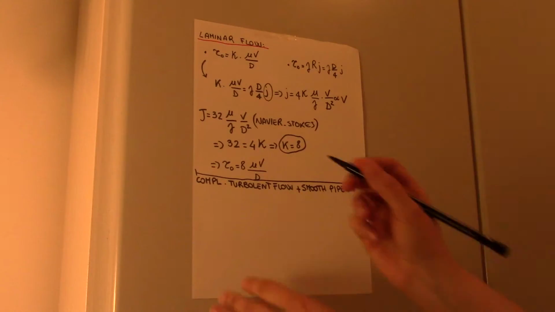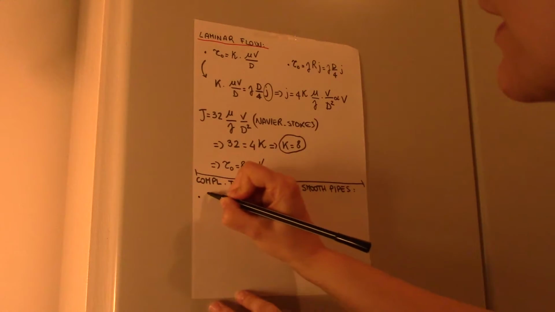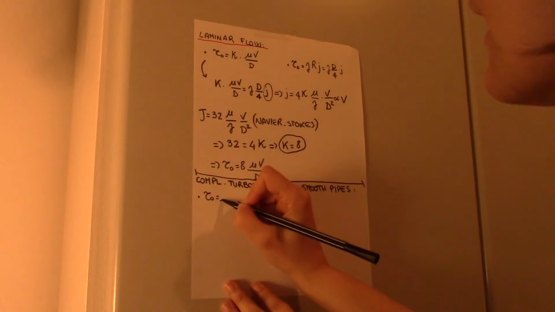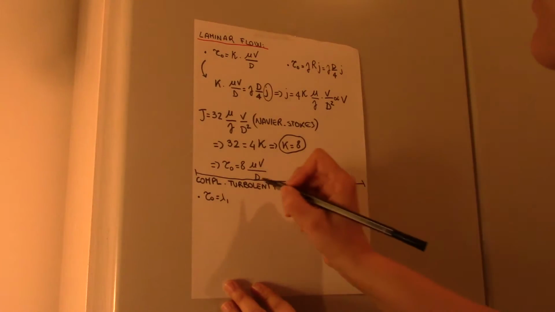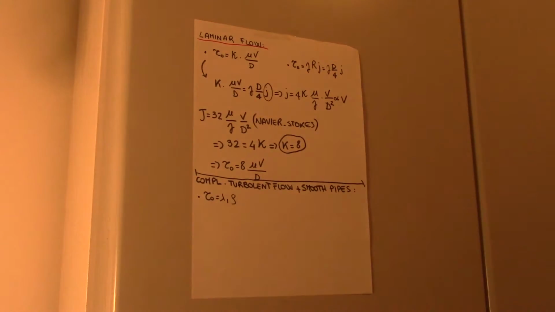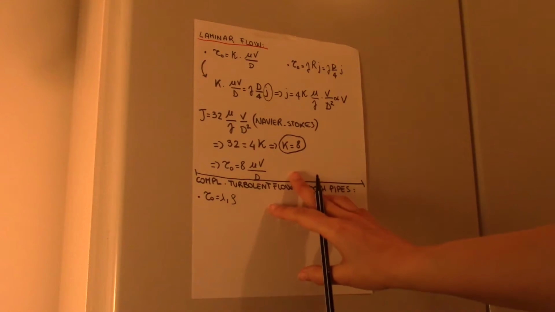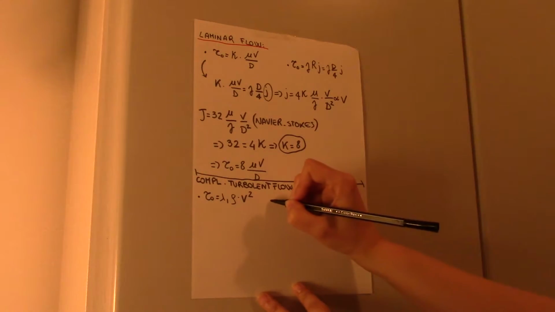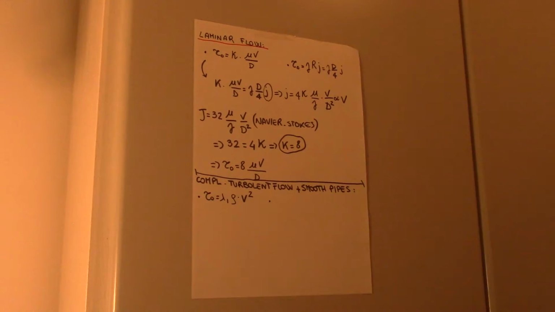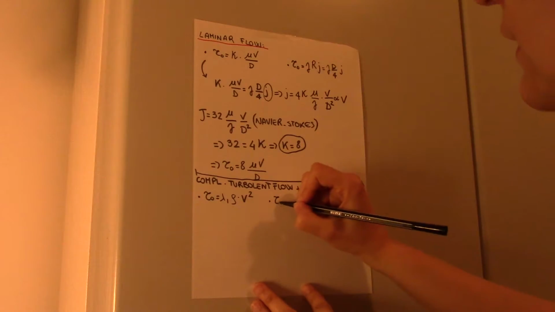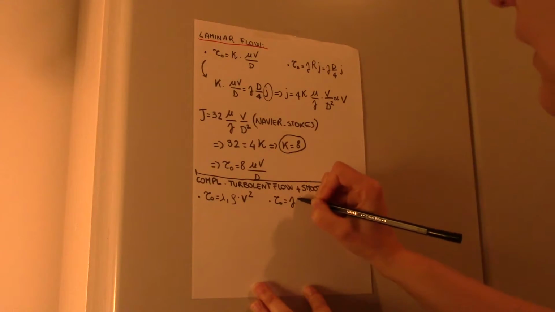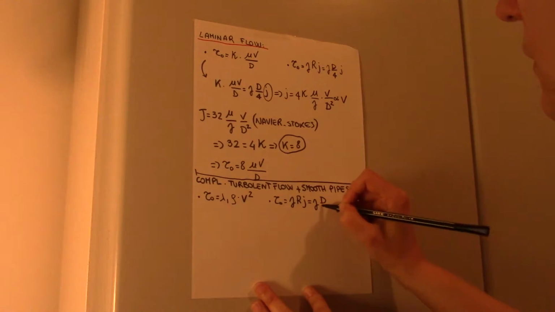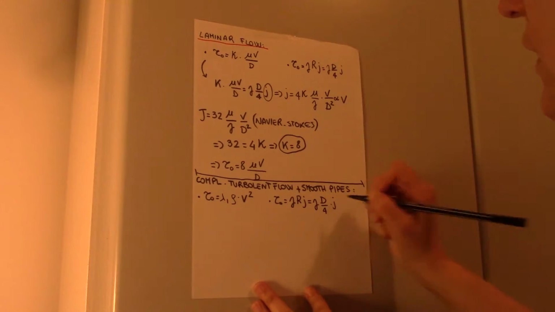Hence, again, from dimensional analysis, we get that tau 0 is equal to lambda 1 times the density rho times v to the power of 2, but at the same time we have to take into account that tau 0 is defined as gamma r j, so it will be gamma d over 4 times j.